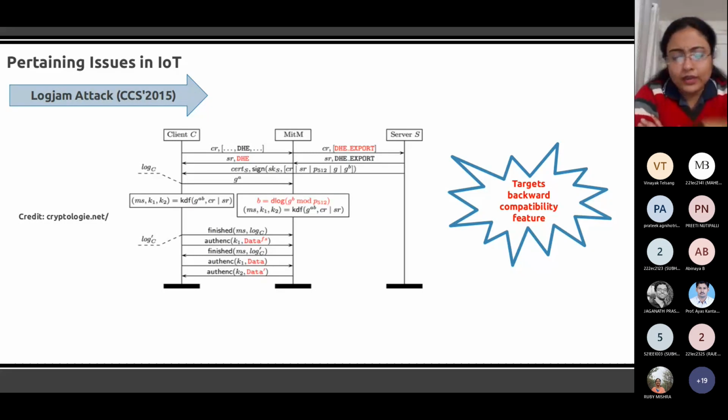What happened is that RSA used to be used for a long time, maybe more than 20 years, in different systems. People used to use RSA 512, which means the key length was 512 bits. Then some prime factorization attacks came in the literature, which were able to successfully break this 512-bit key.